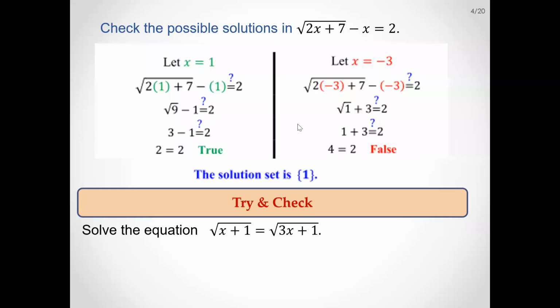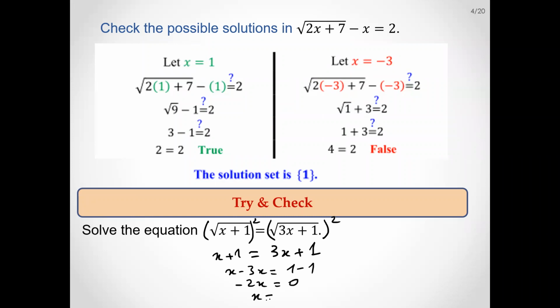Another example, try and check. Here we have two radicals, but no problem since they are isolated. So we take the square on both sides. This is even easier than the previous. It gives a linear equation. I isolate x on one side, constant on the other side. So x is 0, but I'm not done. I have to check.